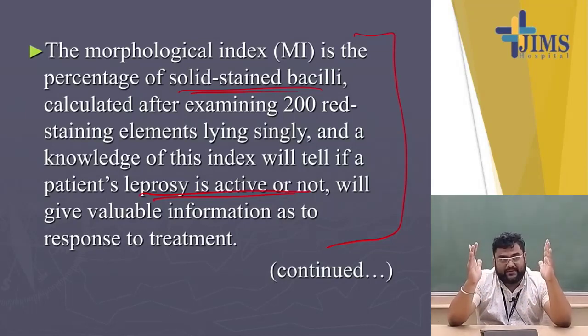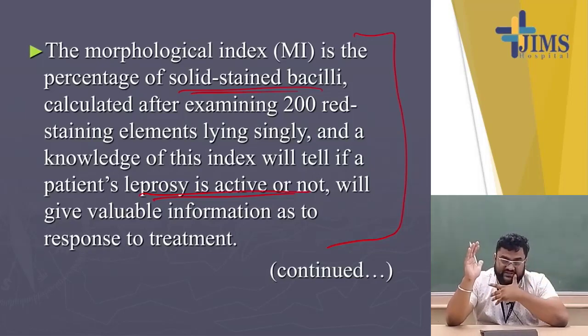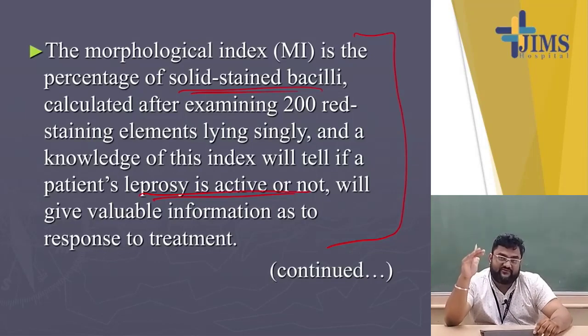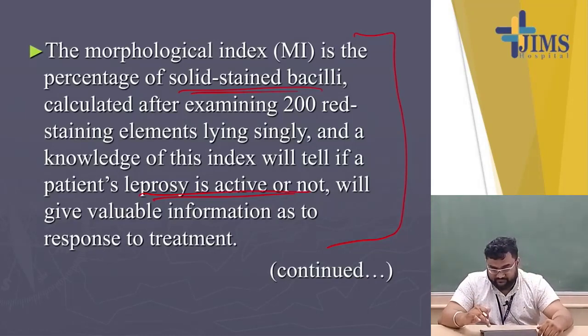Mainly we will see patients in the borderline tuberculoid, mid-borderline or borderline lepromatous. These are the main spectra of leprosy that we see. We very rarely see frank lepromatous leprosy, where the whole body is covered with lesions.